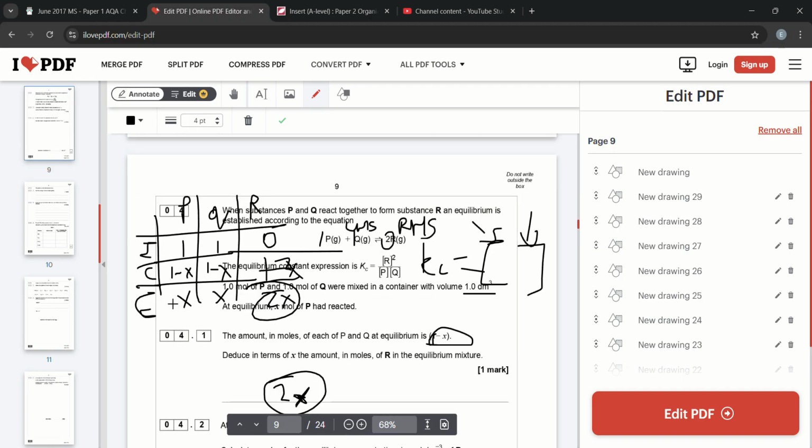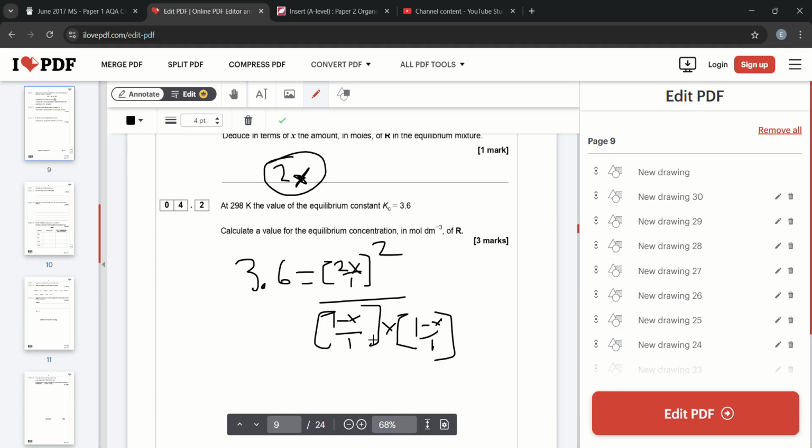We've got 1 minus X and 1 minus X. So it's going to be 1 minus X squared, because these two become squared.